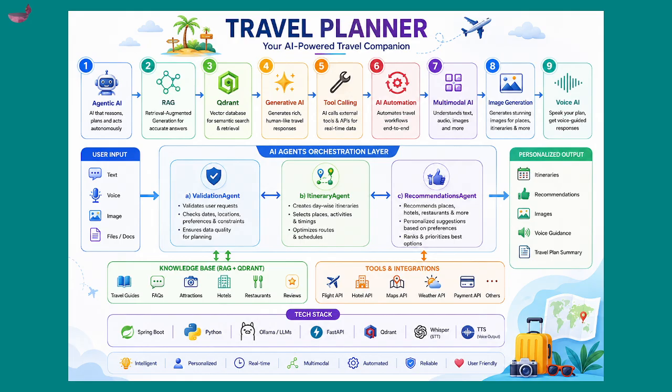So we can see that we have agentic AI. AI will use RAG data, then it will use a generative AI which generates rich human-like travel responses. It will call some tools, maybe a weather API tool or a hotel API tool. It will automate the travel workflows from end to end.